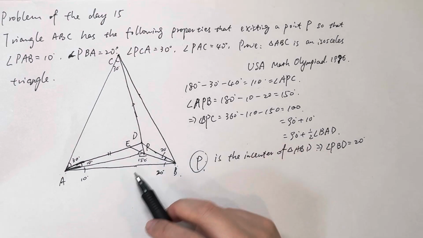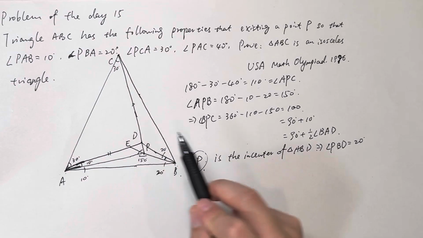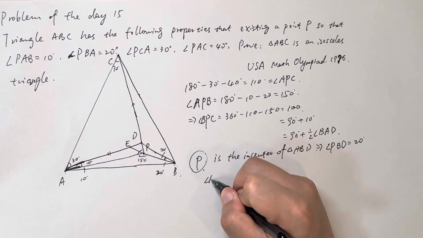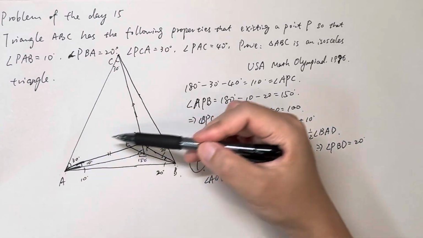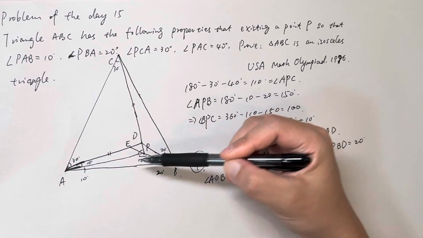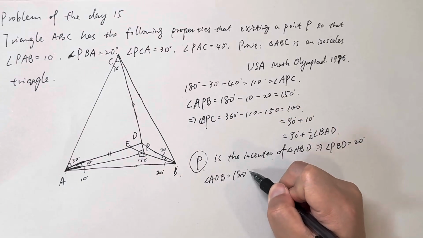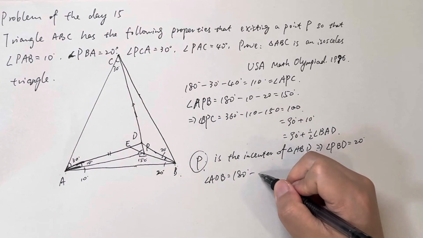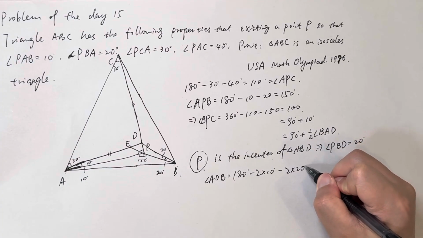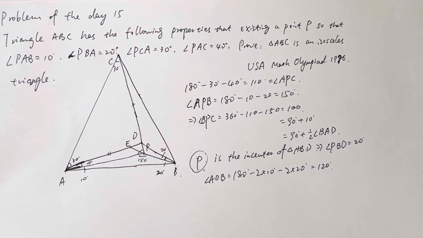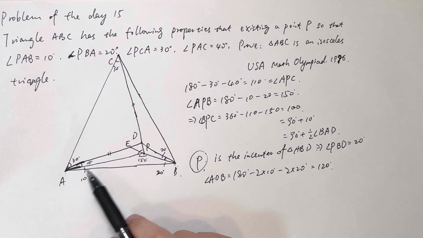Now, if we think about the angle ADB, it equals to 180 degrees minus 2 times 10 degrees minus 2 times 20 degrees, which is 120 degrees, right? That's the angle ADB.